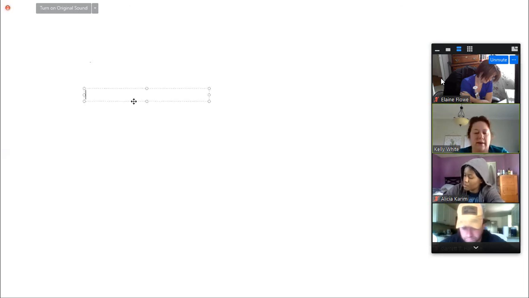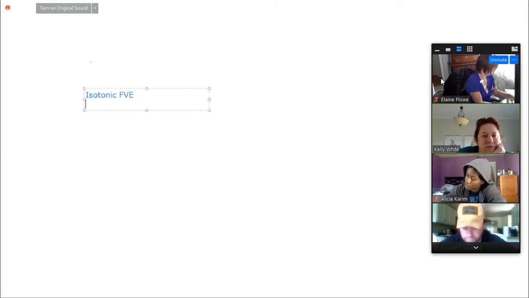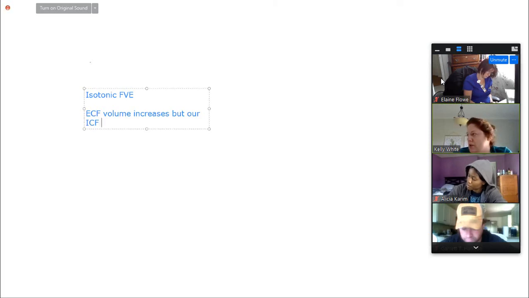Isotonic fluid volume excess. Okay. So with that, our extracellular fluid volume increases, but our intracellular, so inside the cell, stays normal.